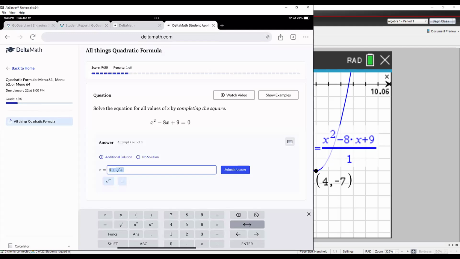Let's try this one more time. We go back and delete, and then put 7 in there. All right, and then I submit it, and it says, very nice.